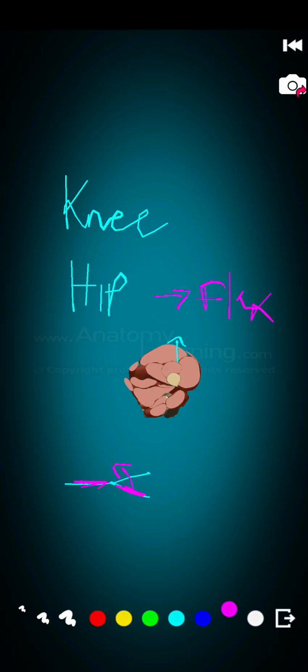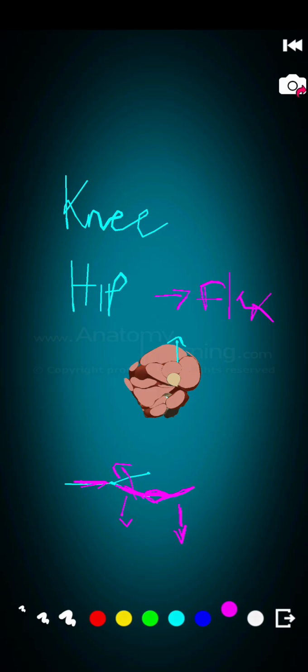But what happens to the knee joint? This is the thigh, and then this is the leg. Some of these muscles in the anterior compartment of the thigh attach to the anterior aspect of the leg.